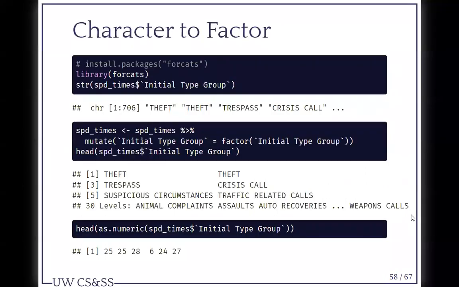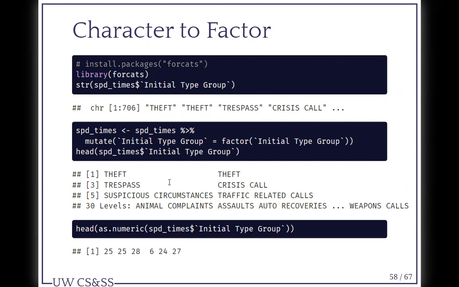So let's say we want to convert this character to a factor. So we have this initial type group column with things like theft and trespassing and crisis call. If we want to mutate it, change it to be something else like a factor, we could say SPD times and then mutate initial type group equals factor initial type group.